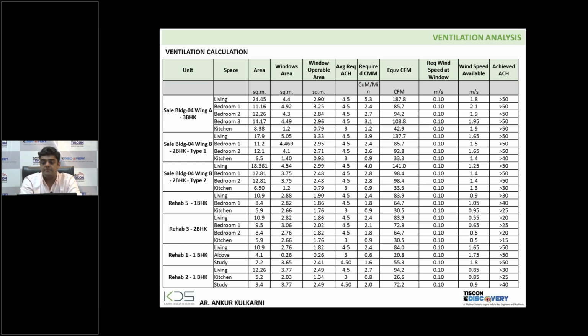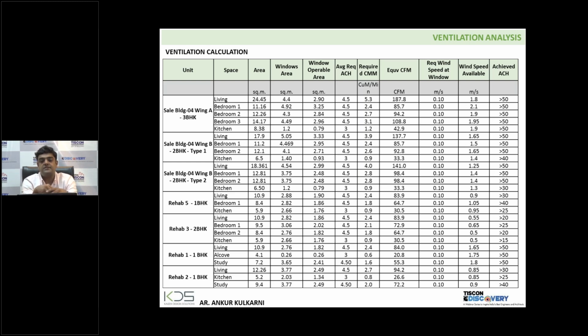Here, the wind speeds available are close to 1.8, 2.1, somewhere lesser, somewhere higher. In the end, every room was getting more than 30, 40, 50 air changes per hour. Without a doubt, because this is a high-rise building, wind speeds were available, so we didn't face much issue.